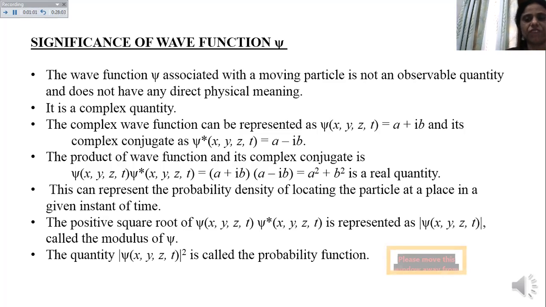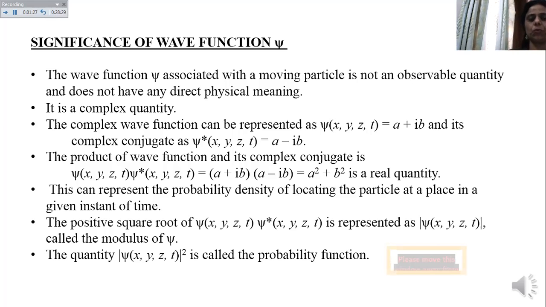Whenever the wave function is multiplied by its conjugate, we get a real quantity: a plus iota b multiplied by a minus iota b gives a square plus b square. This can represent the probability density of locating the particle at a place in a given instant of time. This tells how much is the probability of locating a particle in any orbit around the nucleus.